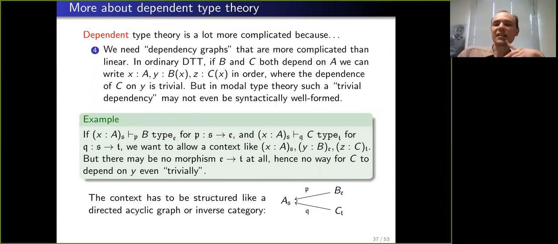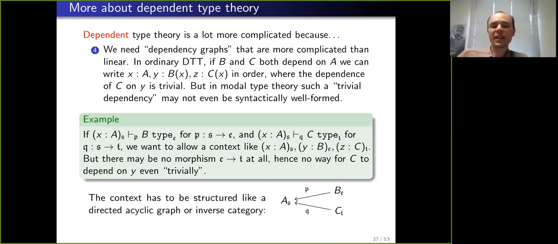And another reason is that we can't, at least a priori, just put them in order the same way we do in ordinary dependent type theory. In ordinary dependent type theory, if B and C both depend on A, but they don't depend on each other, then I can still put them into a context in order, as if C depended on B in a trivial way. But when dependencies have to be mediated by a modal morphism, that may not even be syntactically well formed.